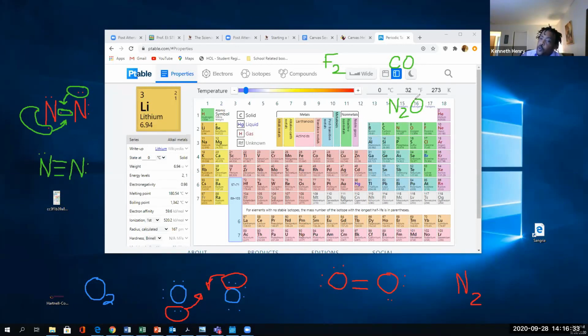I'm going to give you a quick way of determining it, and then a more complicated way a little bit later. But the guy who is the furthest away from a noble gas always gets put in the middle. Okay? And we'll do CO2. Okay? Are you guys good? Those 4?